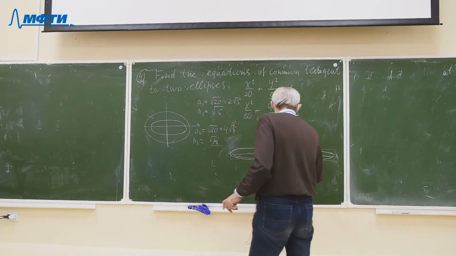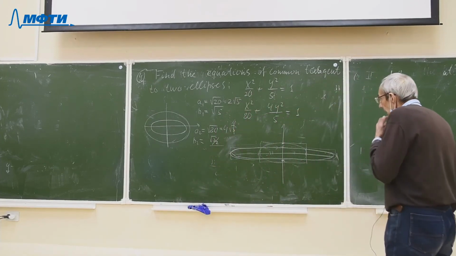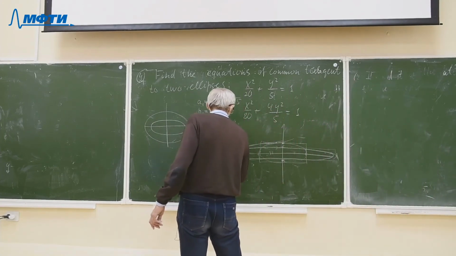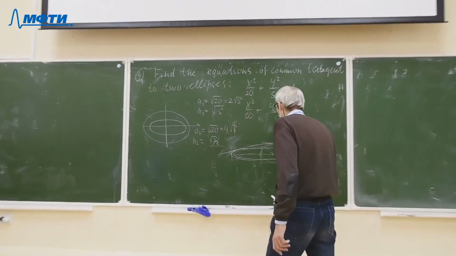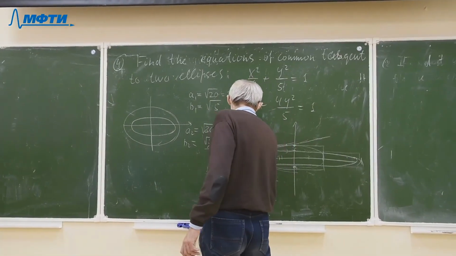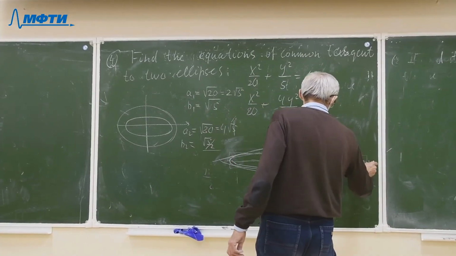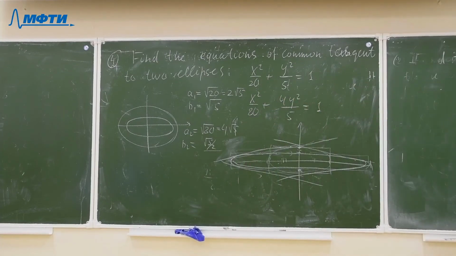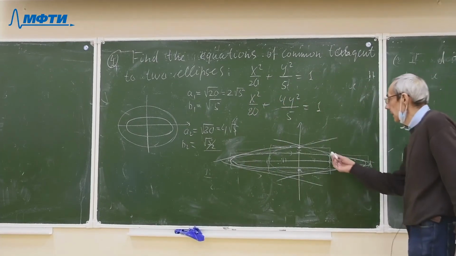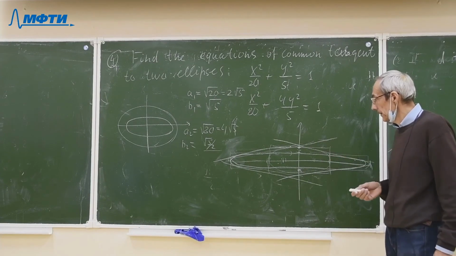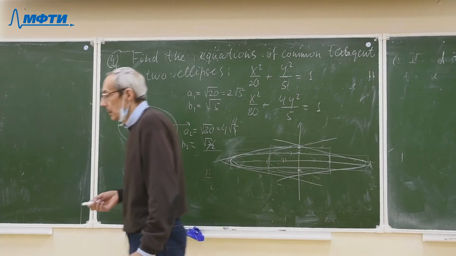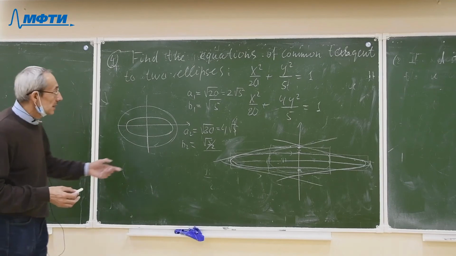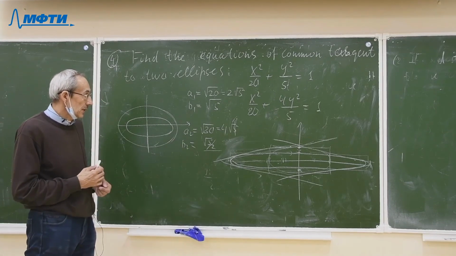And we have this ellipse. It is easy to see that in this case we can find the four various tangent straight lines to this ellipse, and we must find the exact equations for these tangents.